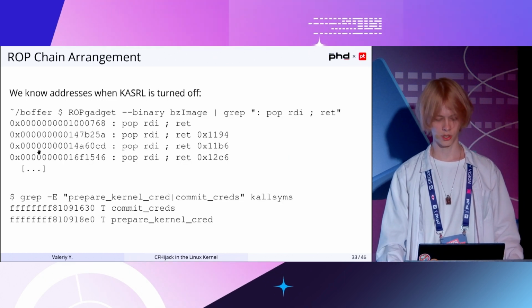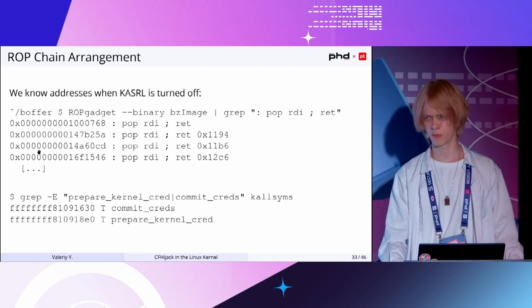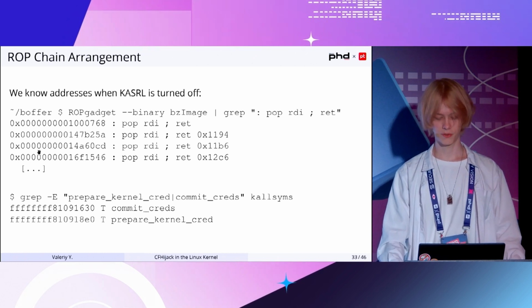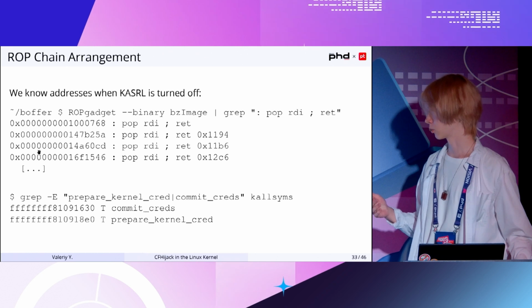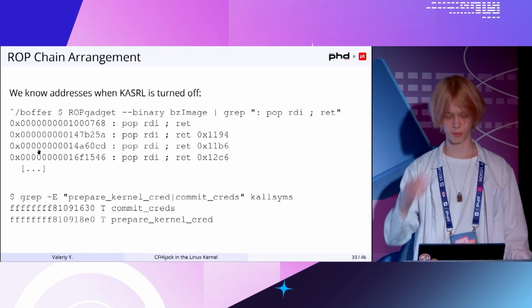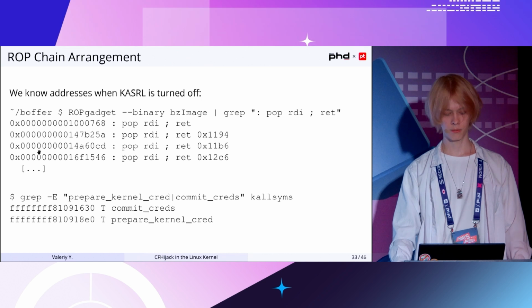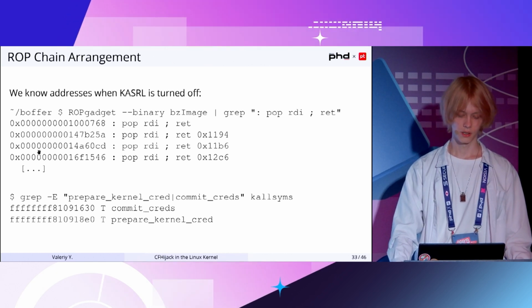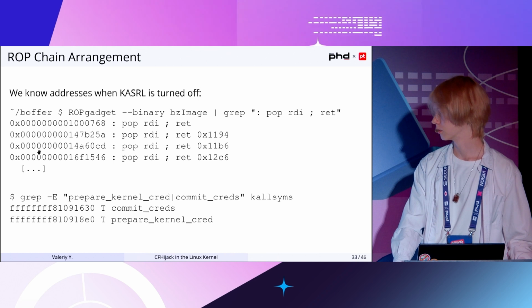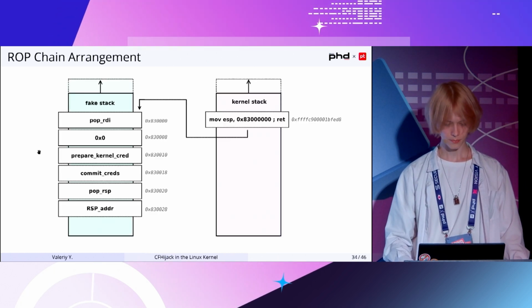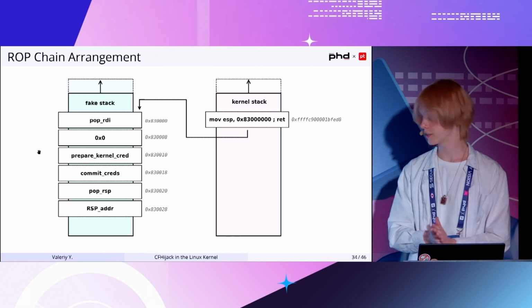And you can use the ROPgadget utility. It has a million stars on GitHub, so make sure you download it. It allows us to identify parts of kernel code that we can use, the kallsyms or the debugging symbols. You can use a debugger or any other way to find them.